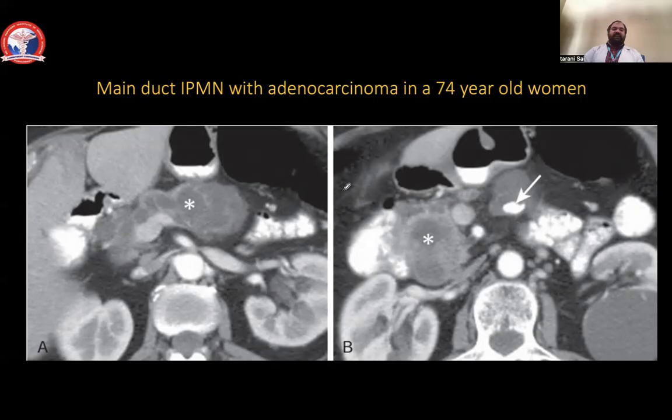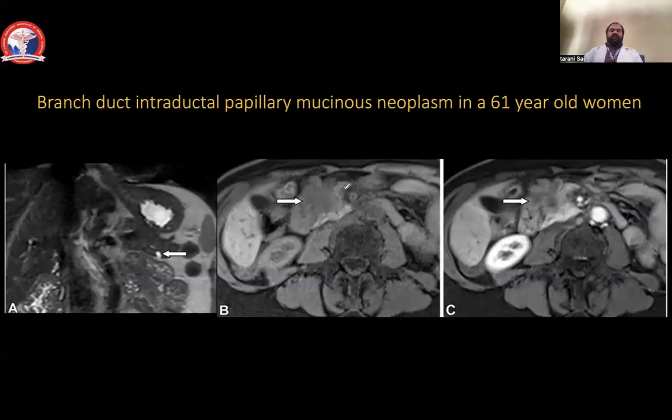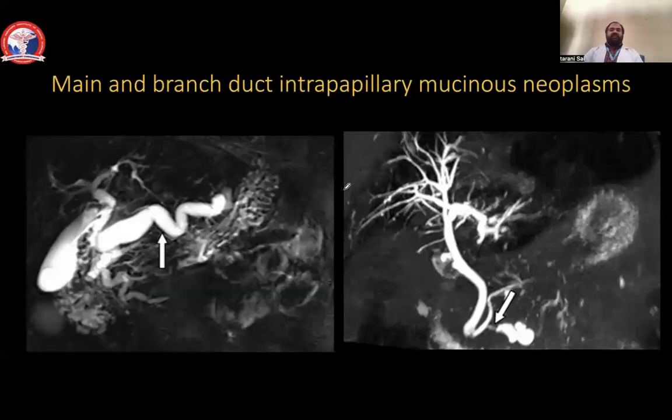You can see an ill-defined mass in the body of the pancreas, communicating with the main pancreatic duct, causing dilatation and tortuosity of the main pancreatic duct, and causing upstream dilatation of the CBD. And there is a branch duct seen in the side branches, but not involving the main branch. And this is the main branch, as we discussed earlier, causing tortuosity and dilatation.